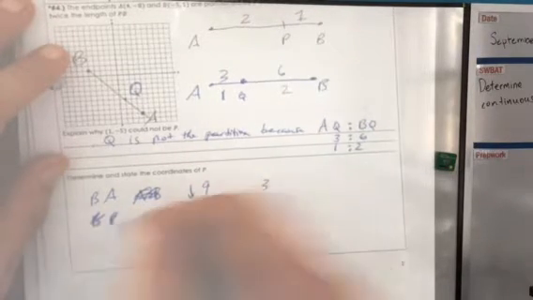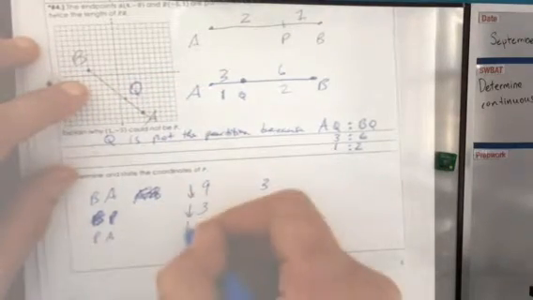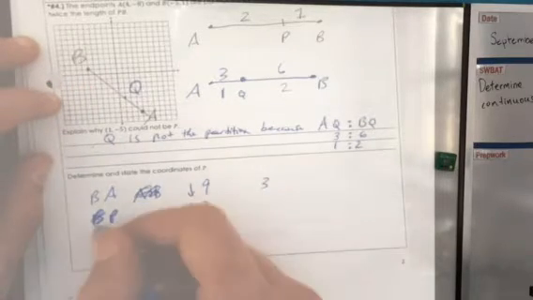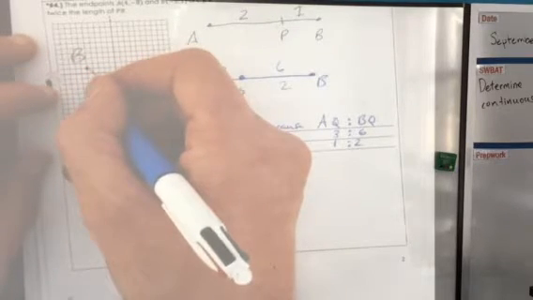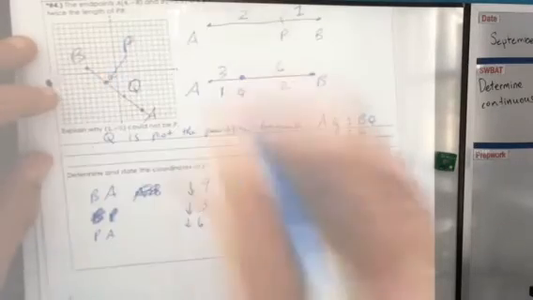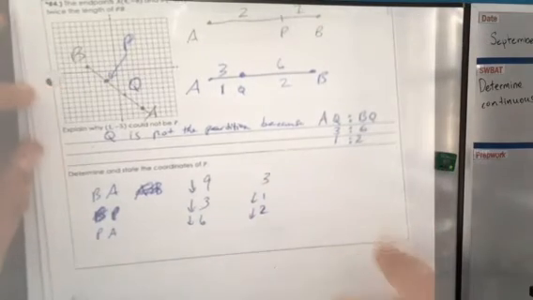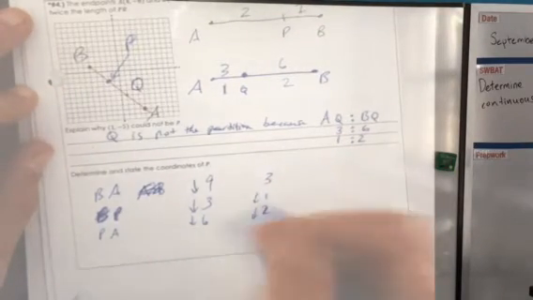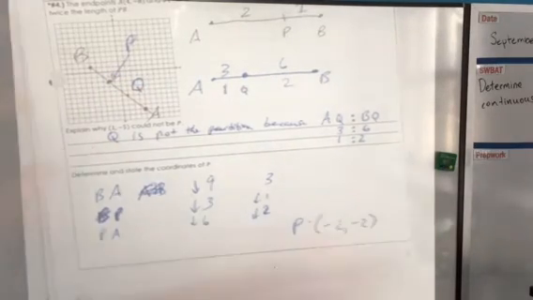So from B to P is a move of down 3. And then from P to A is a move down 6. So find point P by going to B and then going down 3. And there's point P. So for P we have -2, -2. Wow.